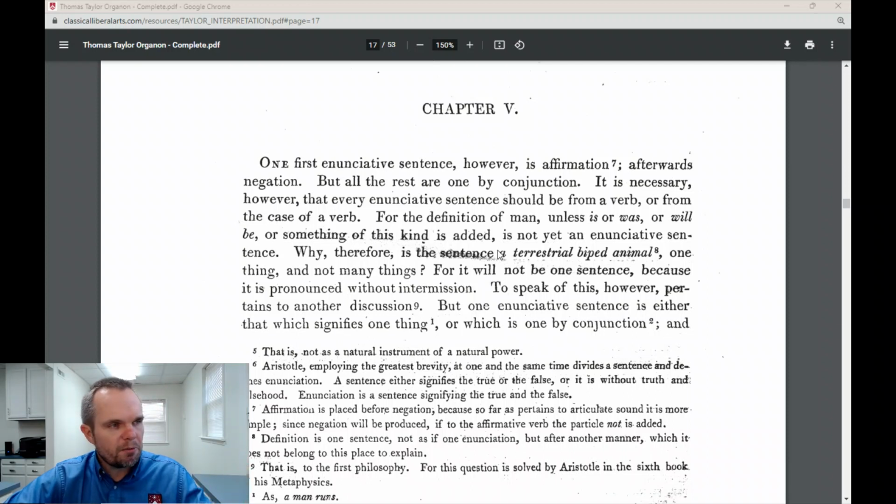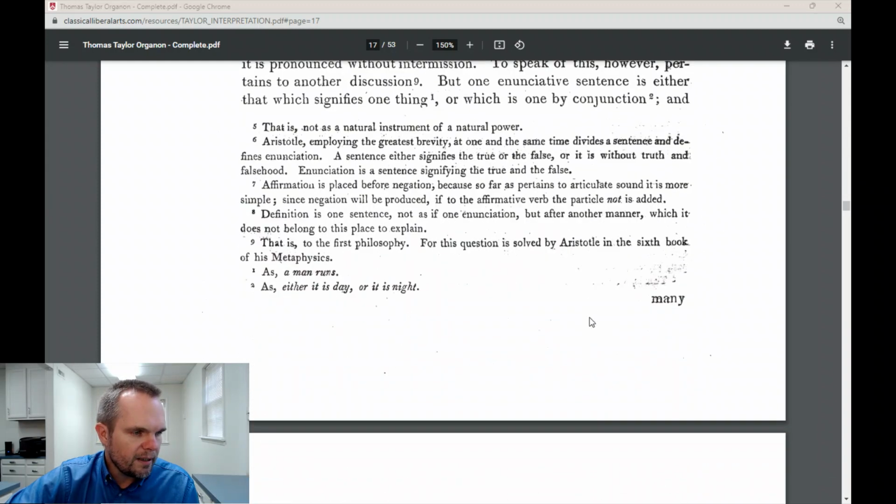So that just brings us back to the opening sentence. There are a few different kinds of enunciative sentences. He then picks up the topic again and says, one enunciative sentence is either that which signifies one thing or is one by conjunction, again talking about the divisions of enunciative speech.